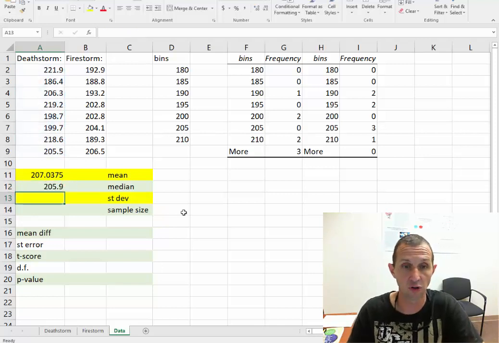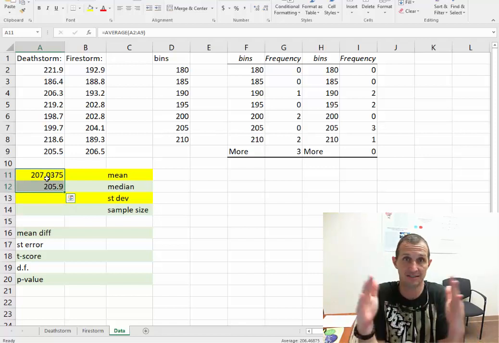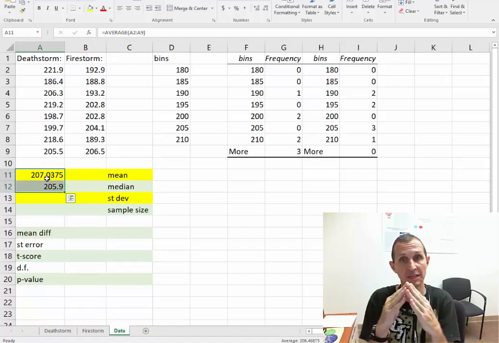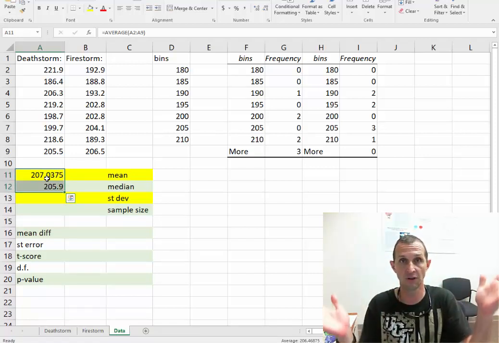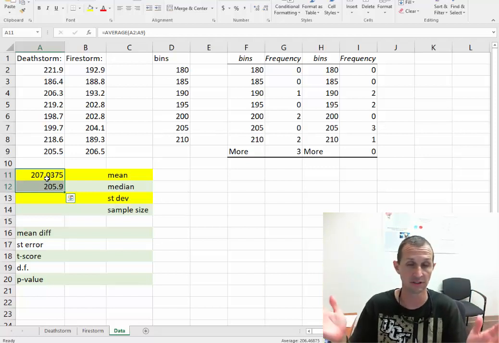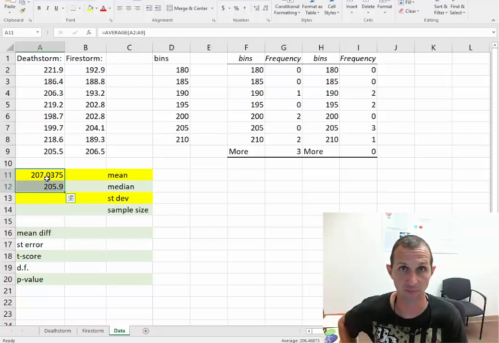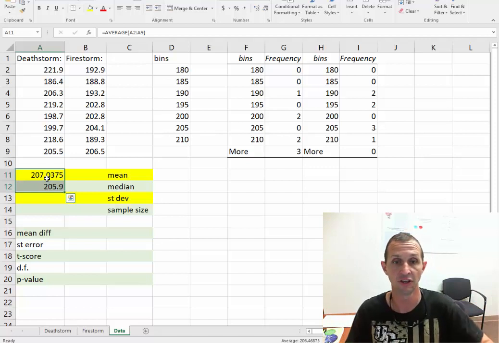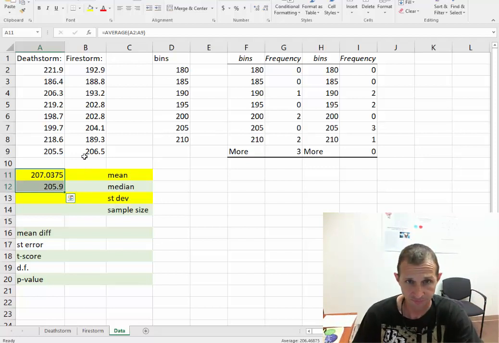Typically if they're close together, that indicates a certain amount of symmetry. If the mean and the median are close together, that means you don't have too much skew or outliers or anything like that. There is a balancing point near the middle of the data.